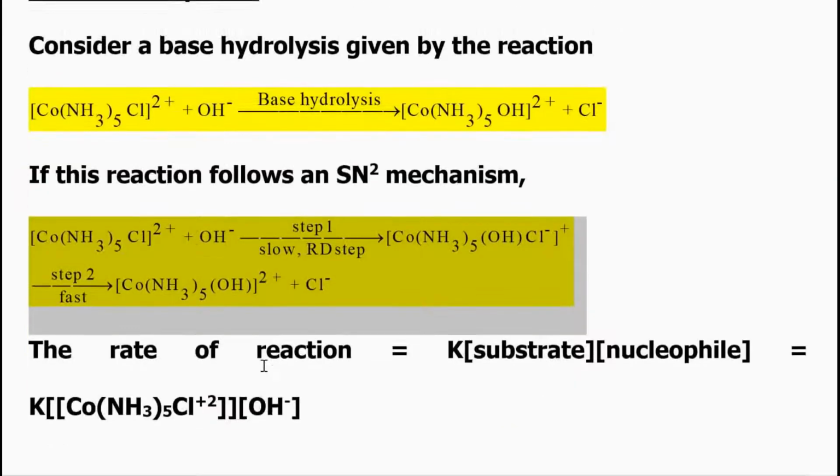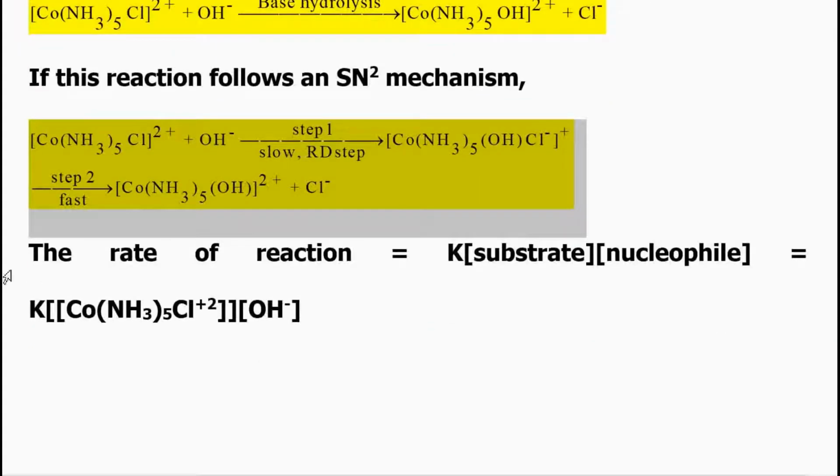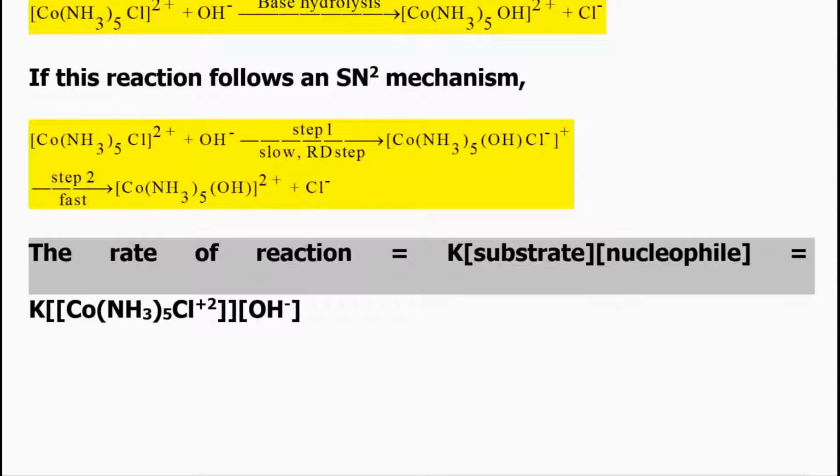Now we know that in the case of the SN2 mechanism, the rate depends on the concentration of the substrate as well as the nucleophile. So the rate is given by the equation k multiplied by concentration of substrate multiplied by concentration of nucleophile. In this case, it can be written as k multiplied by concentration of [Co(NH3)5Cl]2+ multiplied by concentration of OH-.